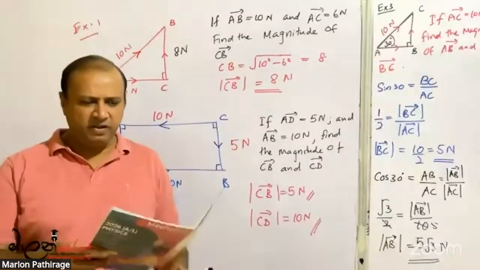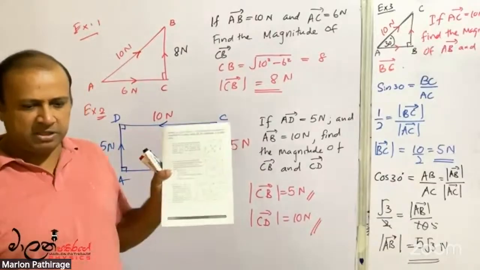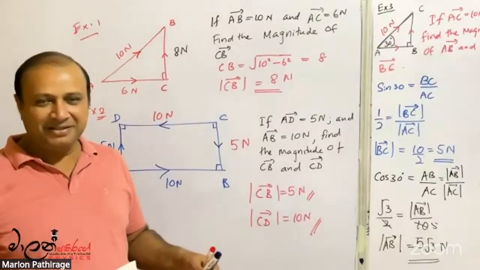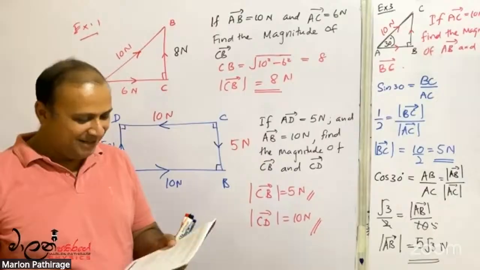Which question are you mentioning? Second question, first page, second question? Sorry, I thought the second question. I thought those were questions on the principle of vector addition. No, we still did not do vector addition.